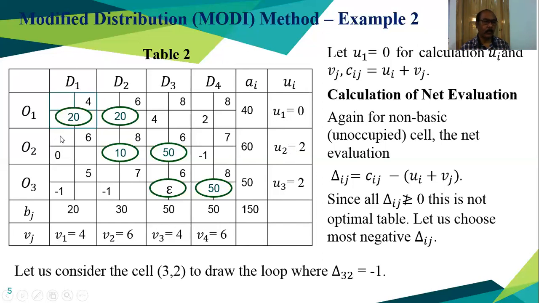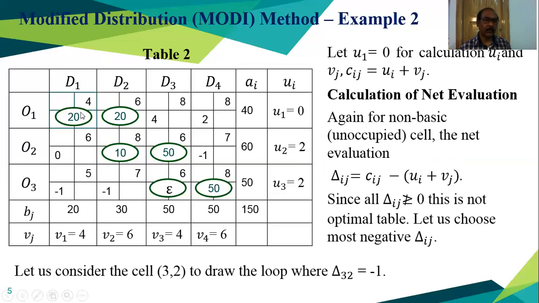Now we have to calculate the delta ij by using the formula Cij minus Ui plus Vj. This is for the unoccupied cell calculation. That is the net evaluation. Delta ij is our net evaluation calculation. Formula is Cij minus Ui plus Vj.